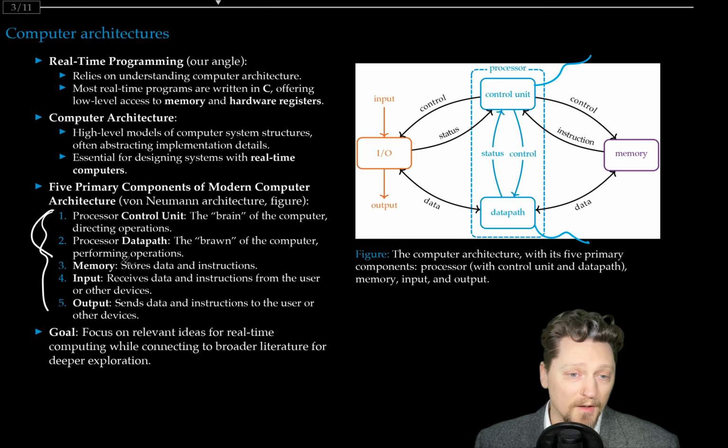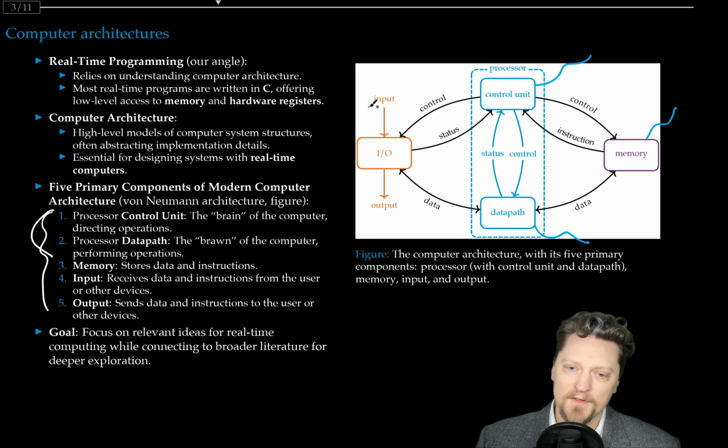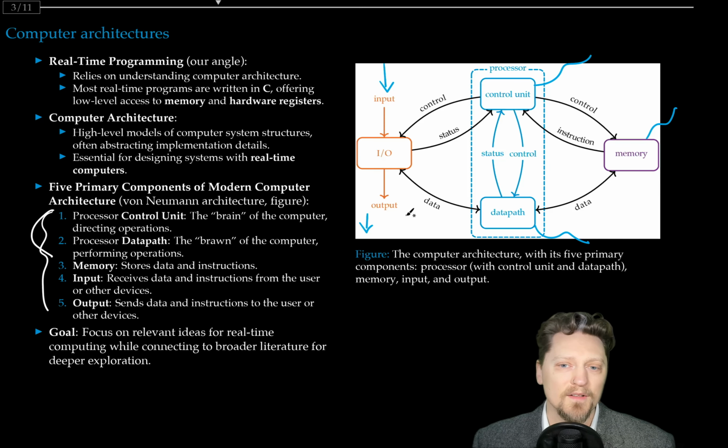Memory stores data and instructions. That's right here. Input receives data and instructions from the user and other devices. So that's here. And output sends data and instructions to the user or other devices.